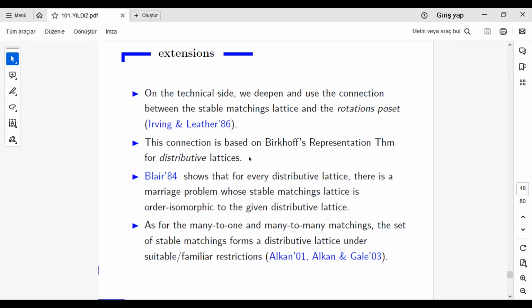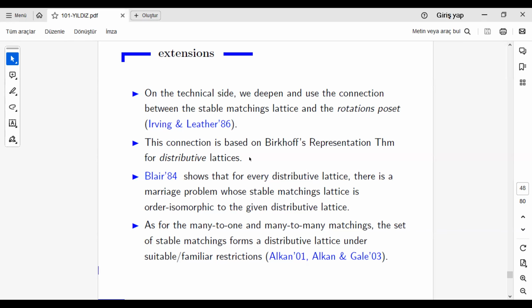By the way, this generator poset of Birkhoff, the set of all join irreducibles, forms a poset, and that generates the entire lattice. So it captures the essence of the lattice.